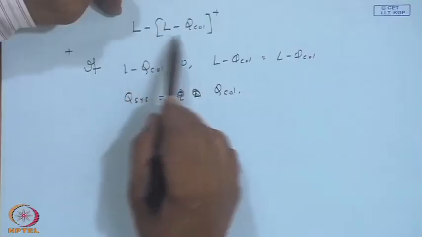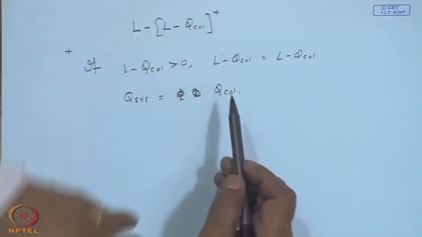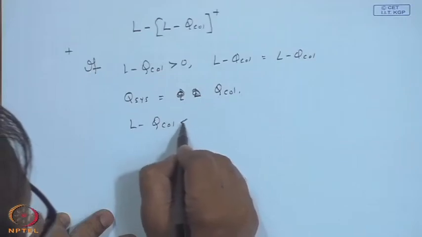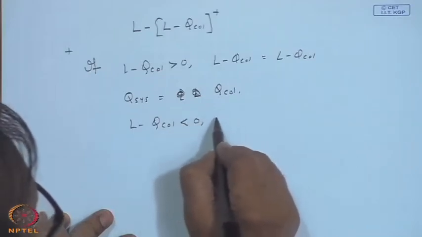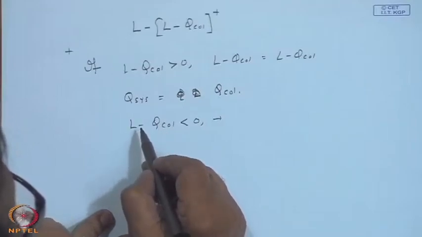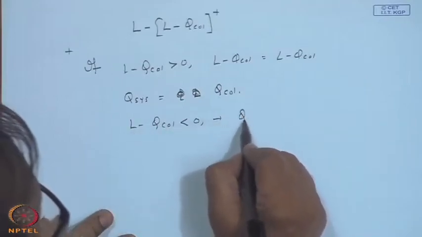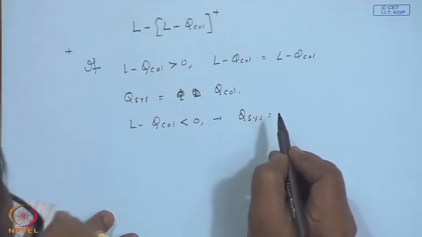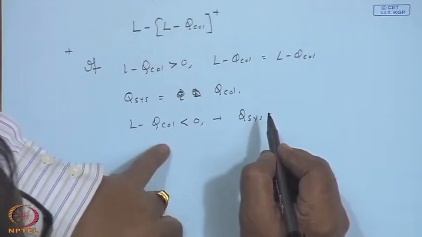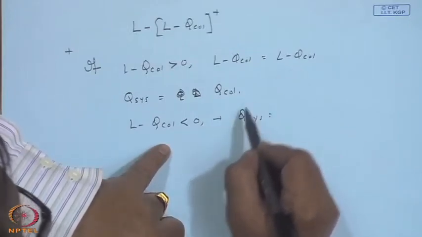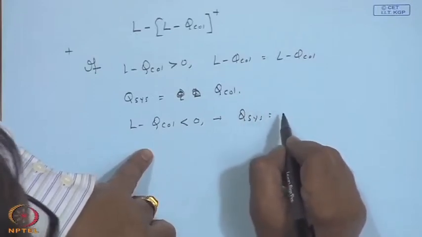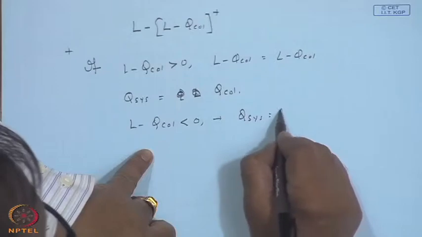So, we will write this in terms of this mathematical symbol, and if L minus Q col is less than 0, that means L is more and you have got Q system. If it is positive, that is okay, and Q system equal to Q col.